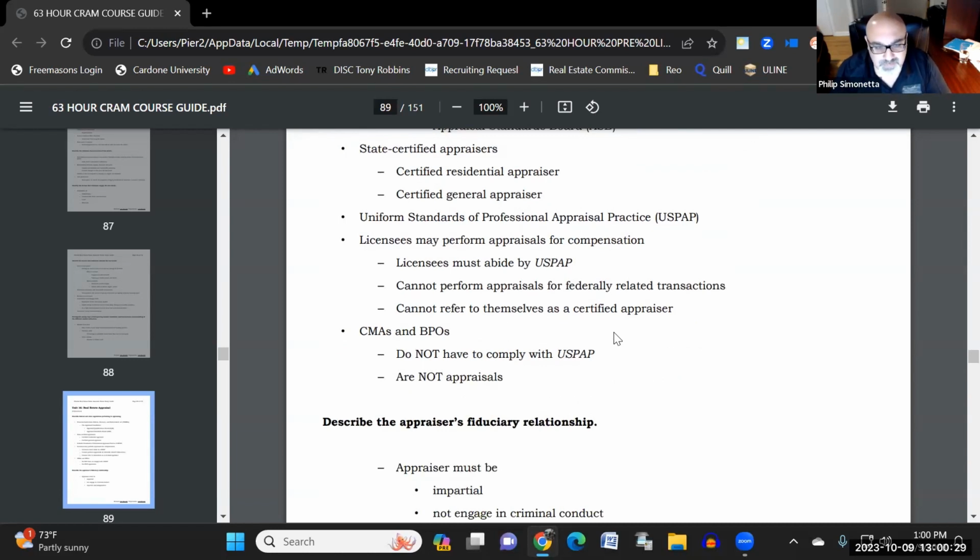They use the USPAP, the Uniform Standards of Professional Appraisal Practice. Licensees may perform appraisals for compensation. Licensees must abide by the USPAP. They cannot perform appraisals for federally related transactions. They cannot refer to themselves as a certified appraiser either. You got to remember, CMAs and BPOs do not comply with the USPAP. They are not appraisals, right?